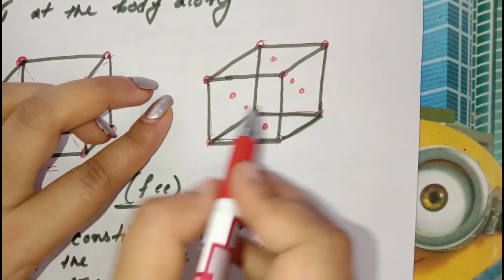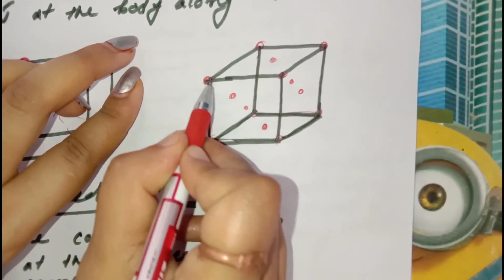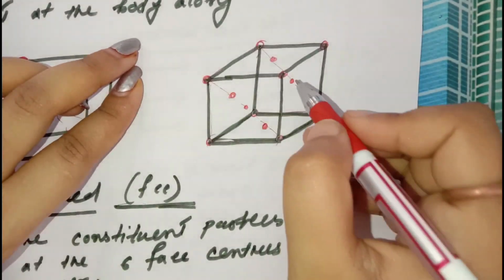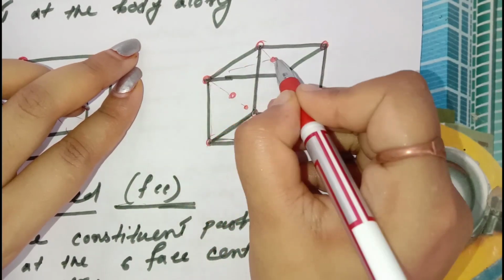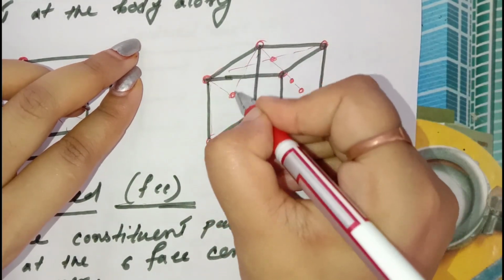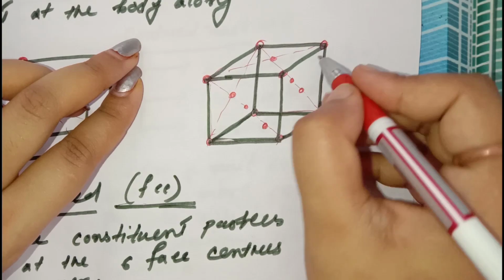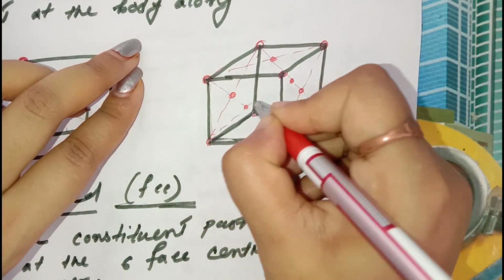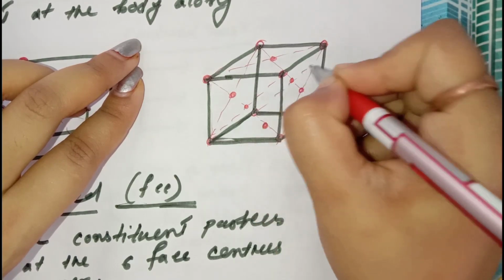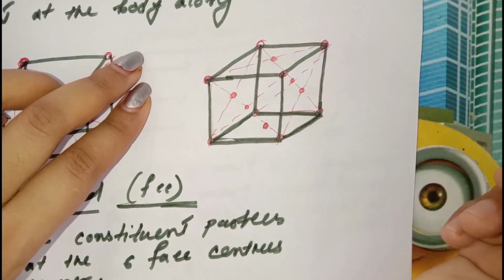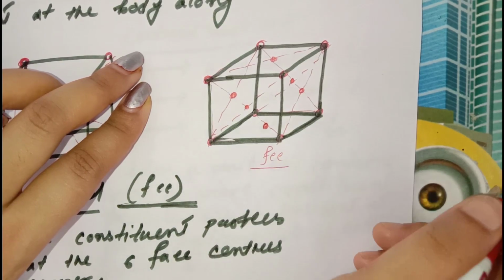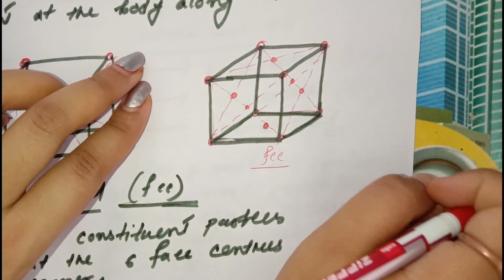We can join these points by this face diagonal. So this is the structure of a face centered unit cell.